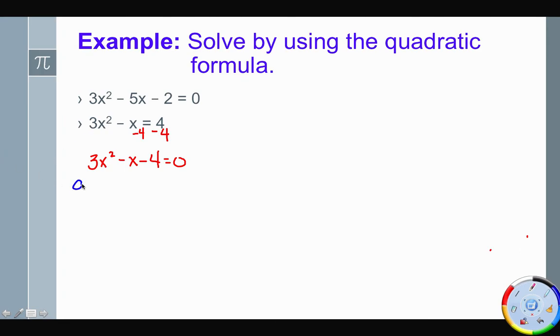Then I'm going to pick out a is 3, b is negative 1, and c is negative 4.